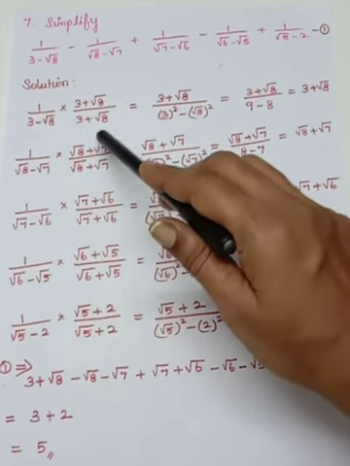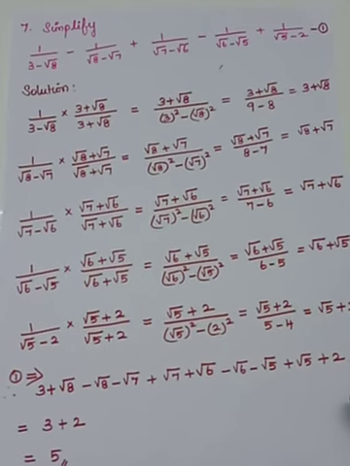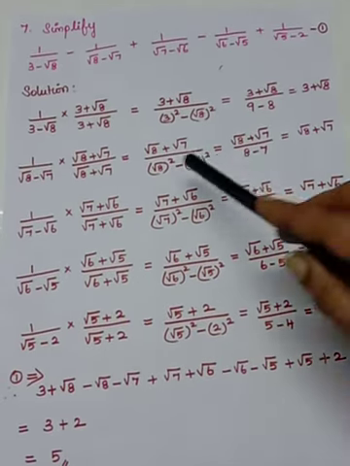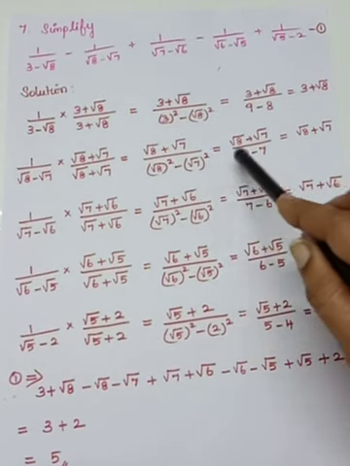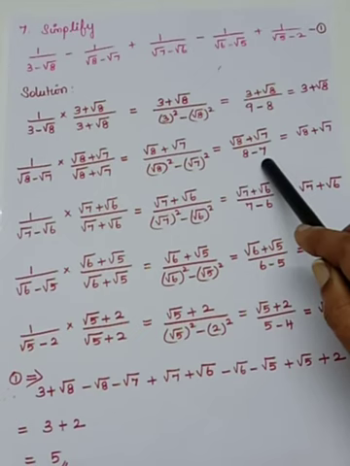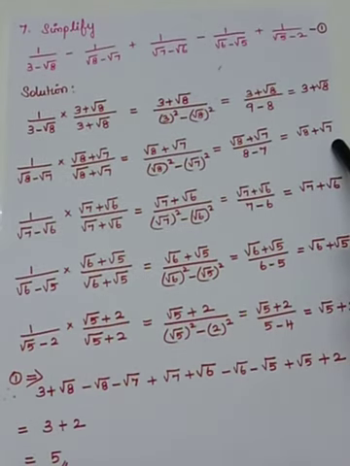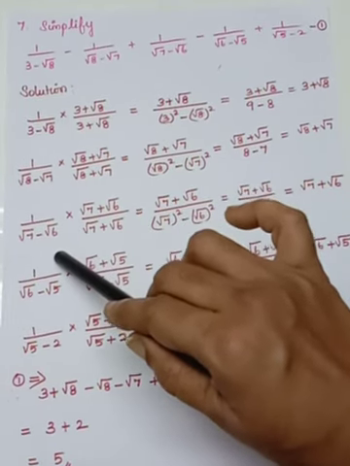Take the second term and rationalize the denominator. So for that you have to multiply and divide by the conjugate. So the denominator is in the form of a minus b into a plus b. So root 8 the whole squared minus root 7 the whole squared. What is it? 8 minus 7. So the numerator has to be written as root 8 plus root 7. So in the same way, the third term, we have to rationalize the denominator.